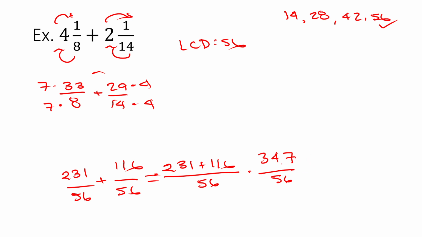So what we have right now is 347 over 56. That's your final answer, unless you want to simplify that, which is really up to you.